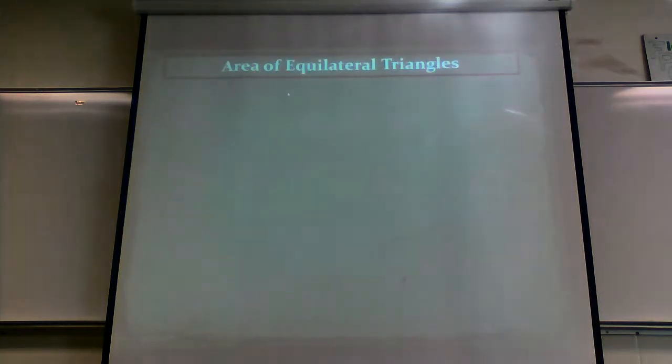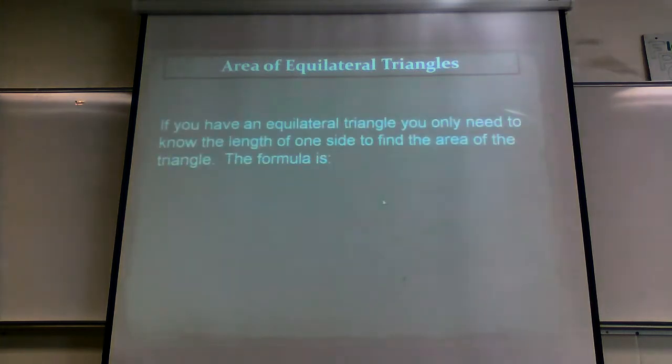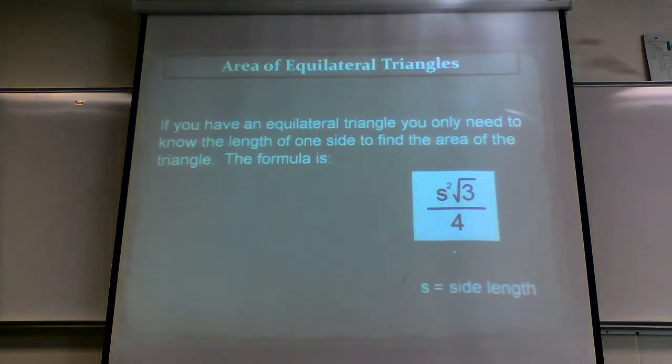The first one we're going to do is the equilateral triangle, because the hexagon is built off of this. Equilateral triangles are technically regular polygons, right? Because all the angles are the same. So instead of doing the 1/2 AP formula, if you know the side length, you take the side length, square it, put a square root of 3 at the end of it, and divide that whole thing by 4.